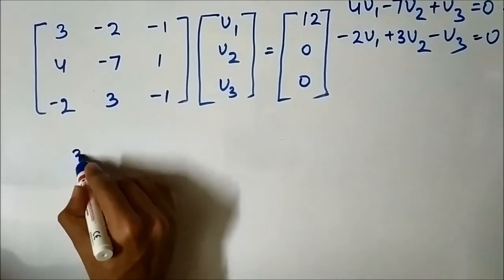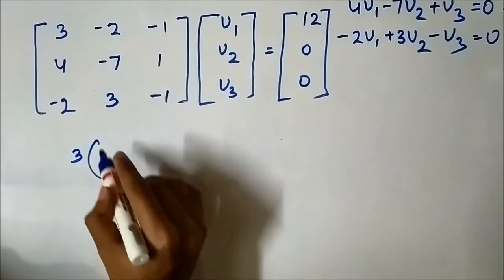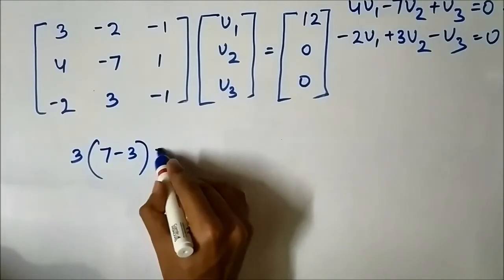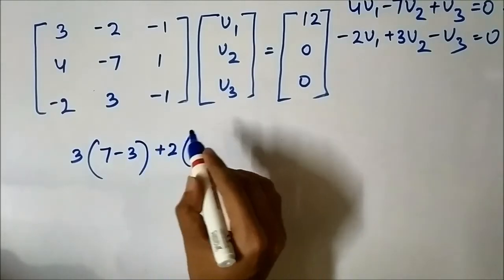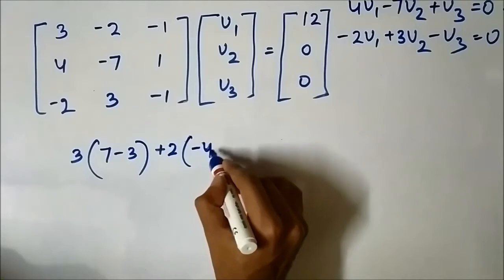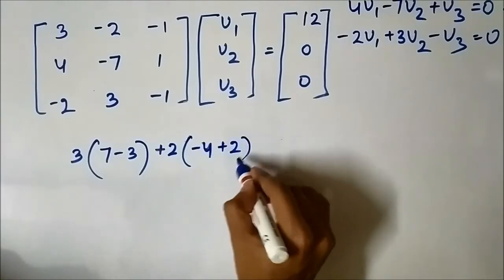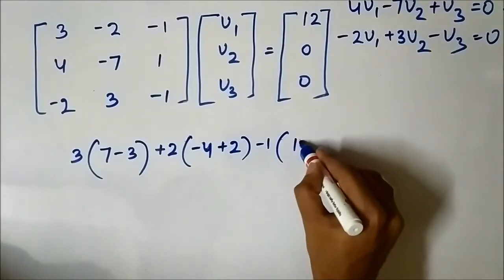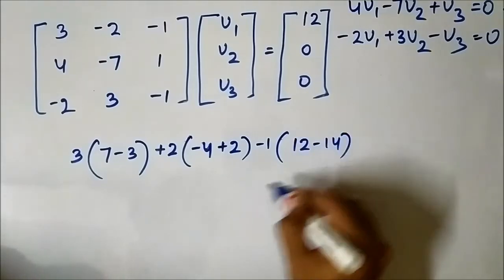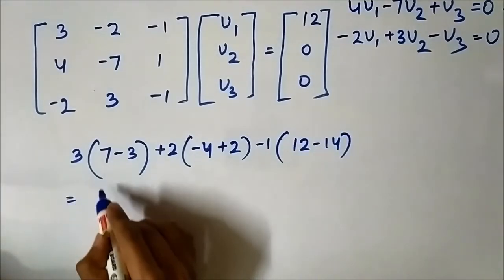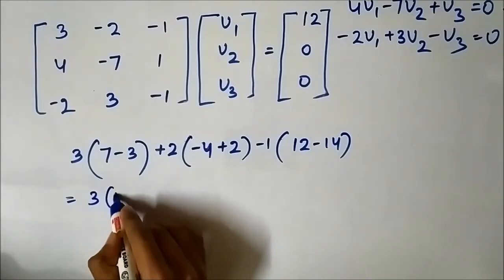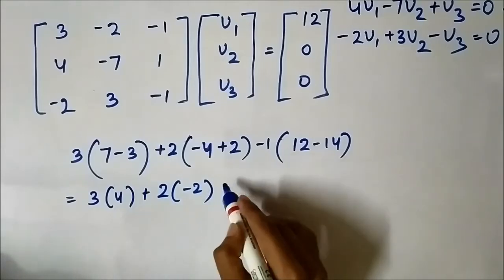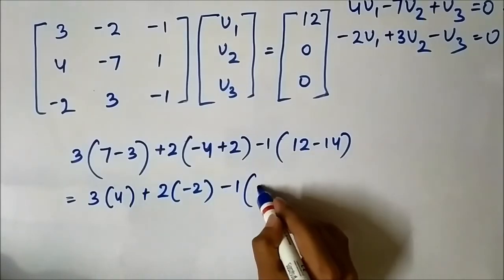So it will be 3 into 7 minus 3 plus 2, minus of minus 2 is plus 2, into minus 4 plus 2, minus 1 into 12 minus 14, which is equal to 3 into 4 plus 2 into minus 2 minus 1 into minus 2.